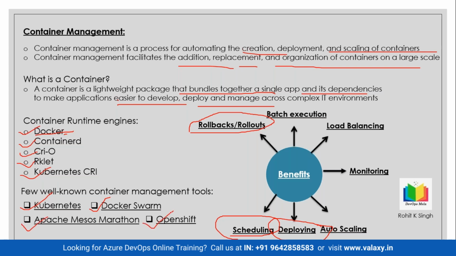OpenShift is just the GUI version of Kubernetes, guys. OpenShift uses Kubernetes in the backend. So if you know Kubernetes well, OpenShift is not that difficult for you, because it's just a GUI version. It's web-based, wherein in the backend it is using Kubernetes for you. Kubernetes, at a stretch, if you ask me, is a difficult tool to learn.